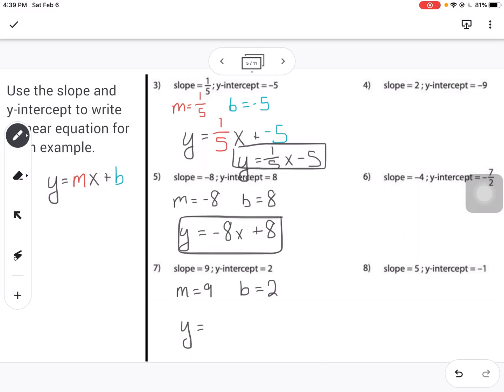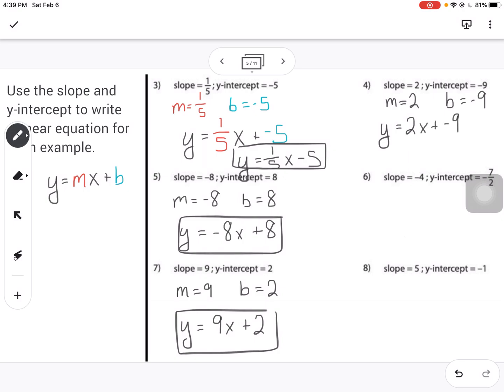Our equation is y equals 9x plus 2. Our slope is 2, m equals 2, y-intercept equals -9. Our equation is y equals 2x plus -9, or y equals 2x minus 9.